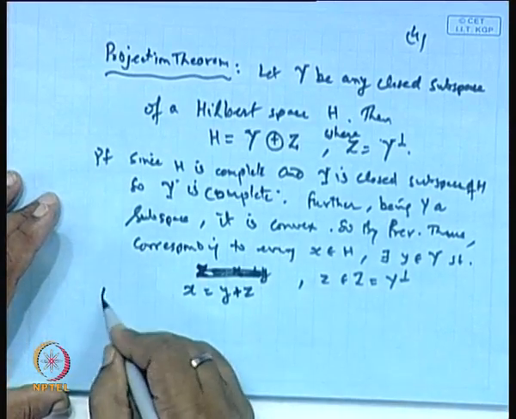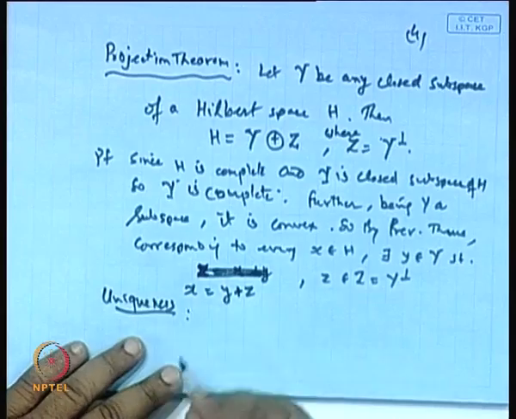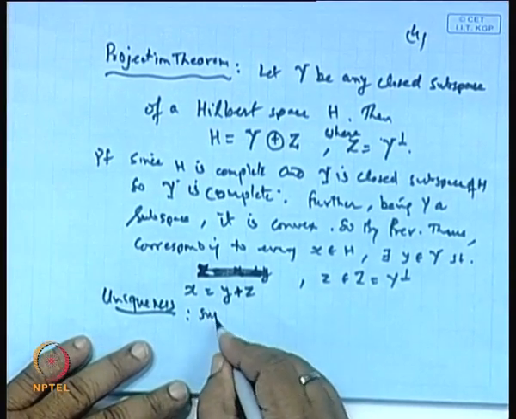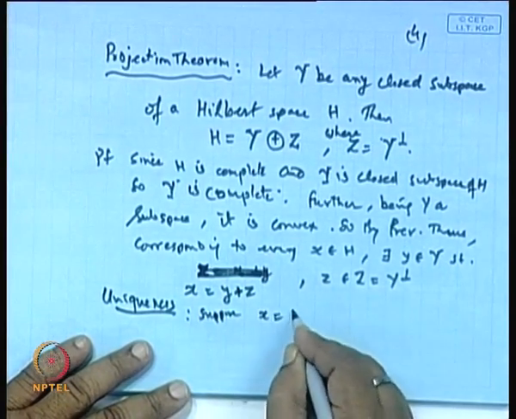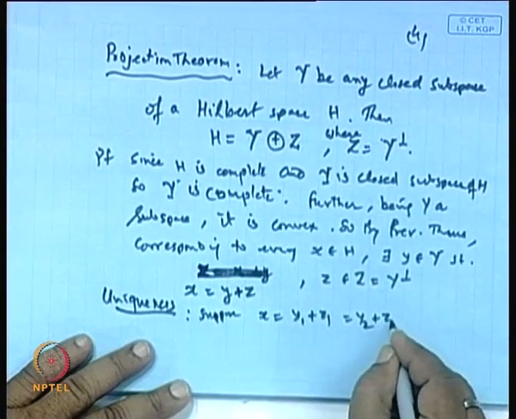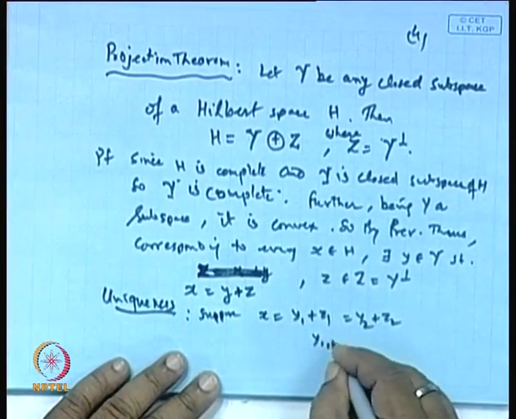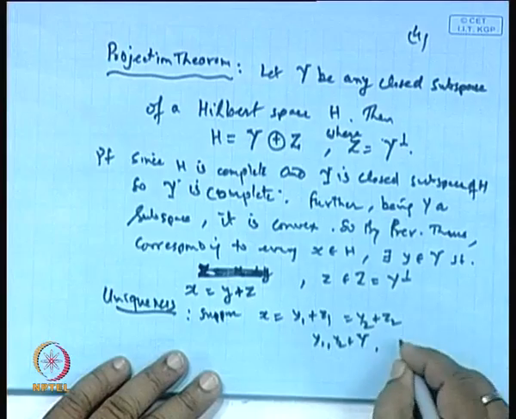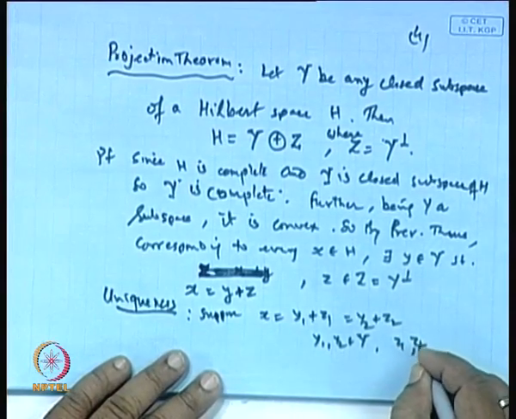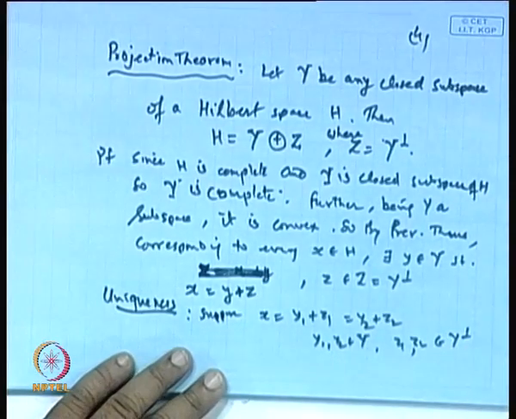So, for the uniqueness, suppose there are two representations. Suppose x is equal to y1 plus z1 as well as y2 plus z2, where y1, y2 belong to capital Y and z1, z2 belong to capital Z, that is Y orthogonal.